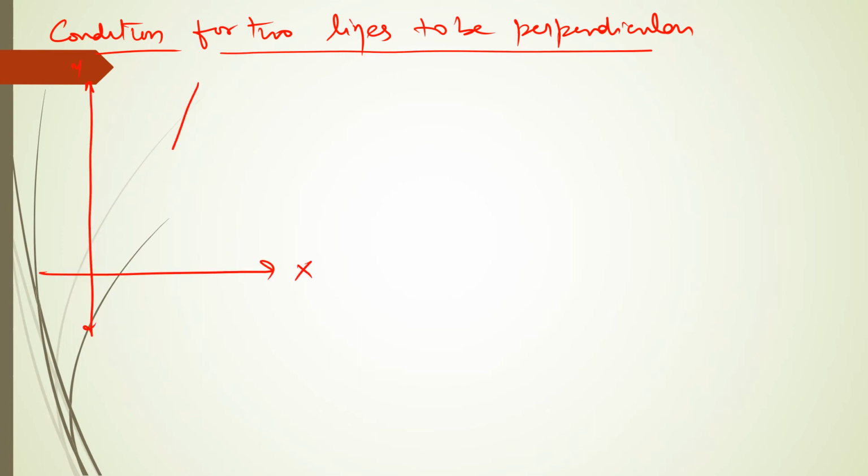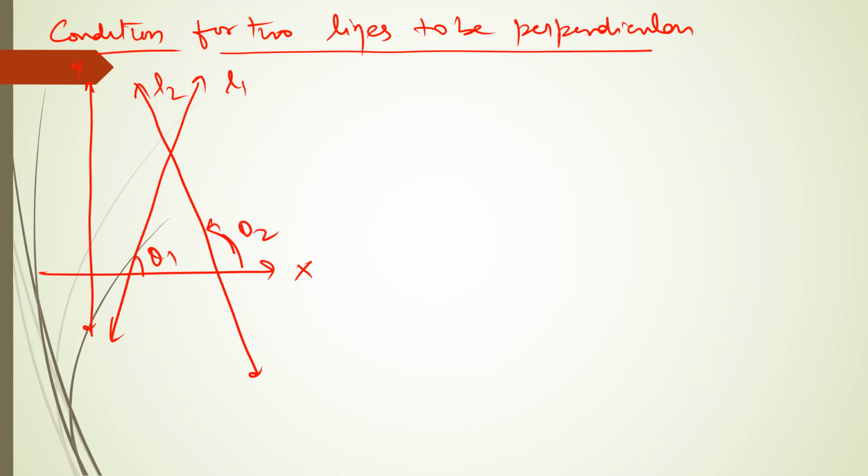We consider the line L1, which makes an angle theta 1 with the positive x-axis, and this is the line L2, which makes an angle theta 2 with the positive x-axis, and both are perpendicular to each other at 90 degrees. The slope of L1 is m1 and the slope of L2 is m2.